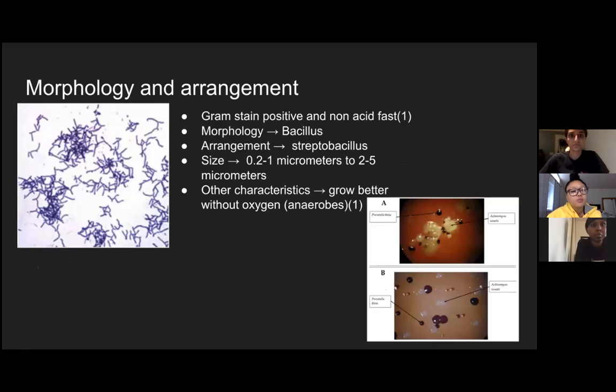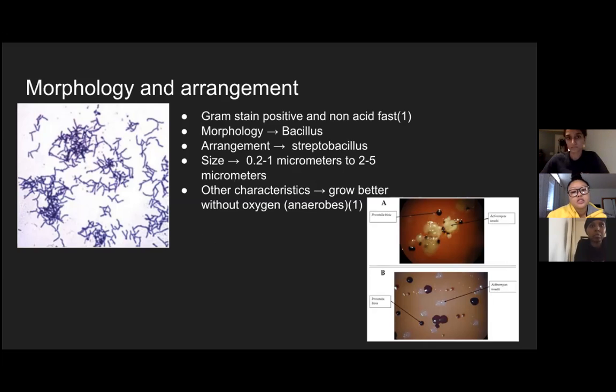Okay, so with morphology and arrangement, Actinomyces is going to be a Gram-positive bacteria, meaning they have a thicker peptidoglycan layer than gram-negatives, which don't retain the stain as well. And as previously mentioned, it's going to be non-acid fast. Its morphology is going to be bacillus, so it's going to have a rod shape versus the coccus, which is more of a round sphere shape.